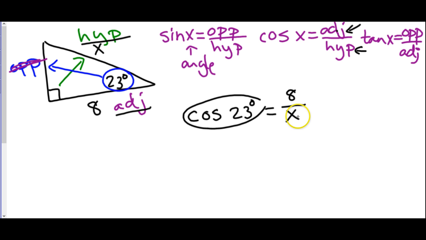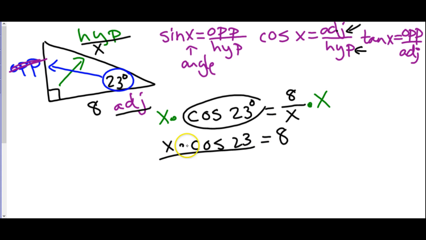And we've got to get x by itself, but we don't like when x is in the denominator. So there's two ways we can think of this. We can think, okay, I've got to multiply both sides by x so I can get x into the numerator. And after I do that, to get x entirely alone, I would have to divide by the entire thing, cosine 23.